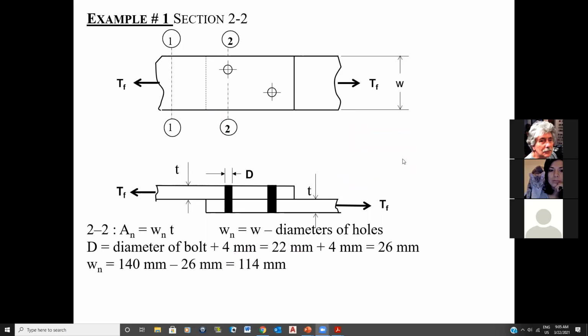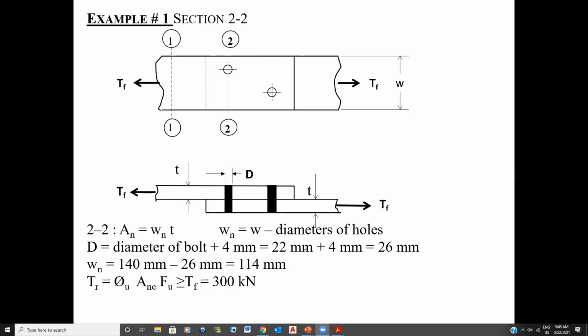Now, here I'll talk about AN. I don't have any shear lag, anyways, we won't get into that. So I'm going to use this formula here. Remember that the phi U value here is 0.75, it's not 0.9, it's 0.75. AN, of course, is WNT. This is your AN value. And your FU for 300 millimeter steel is, of course, 450.